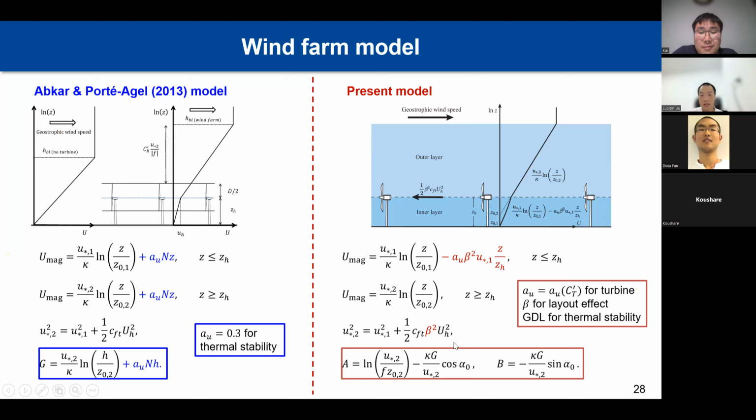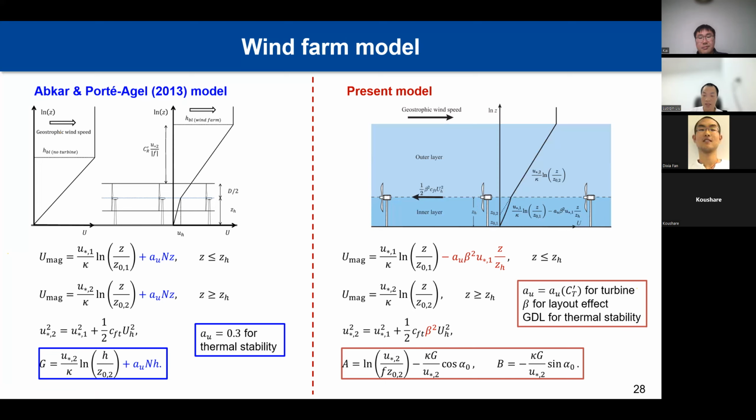Okay, here is the main idea of our model. But before using this model, there are two questions we first need to answer. The first one is, because the wind turbine or wind farm can change the flow significantly, does the geostrophic drag law still exist when an extended wind farm is present?